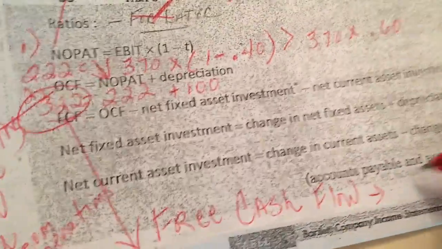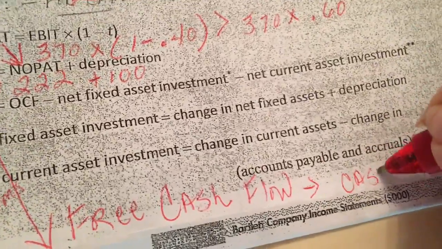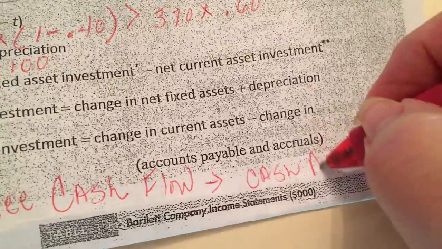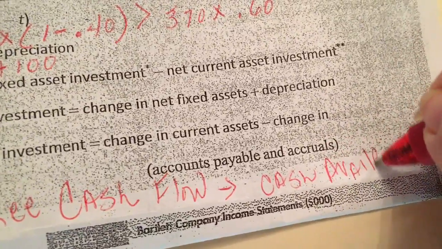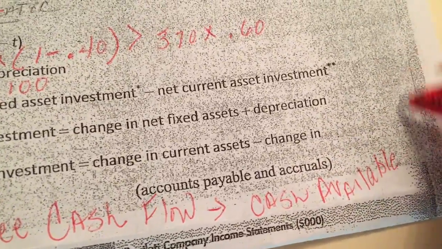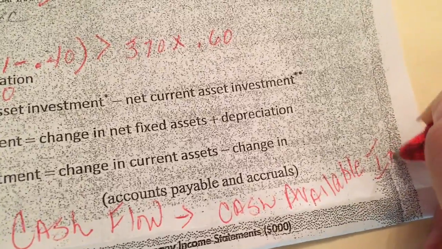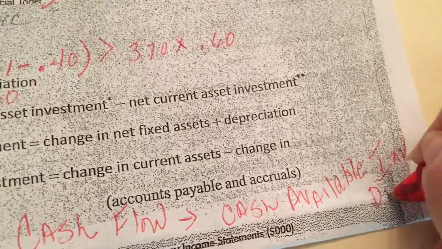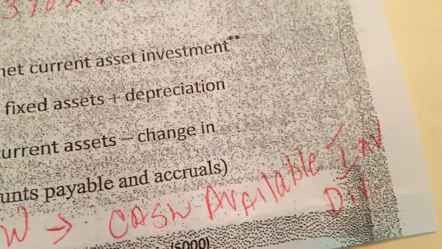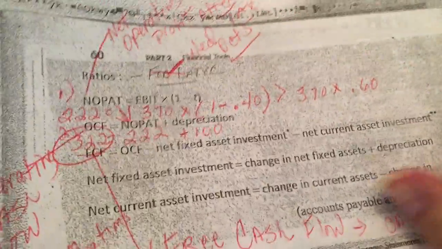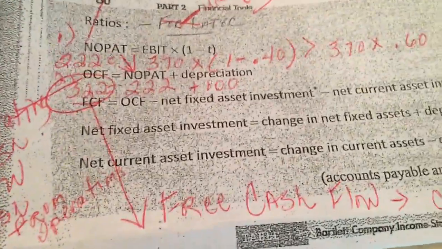This is the amount of cash available to investors for dividends. Now it's a little bit more complicated, a good bit more.